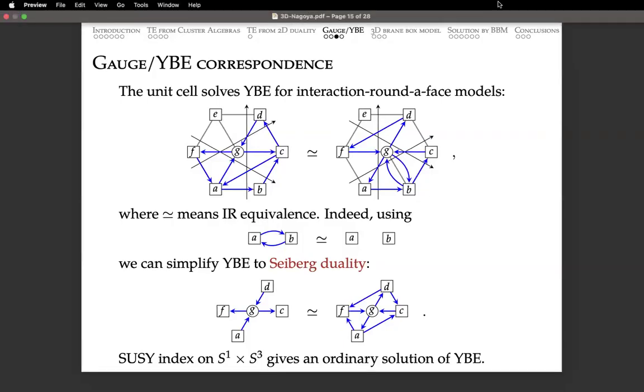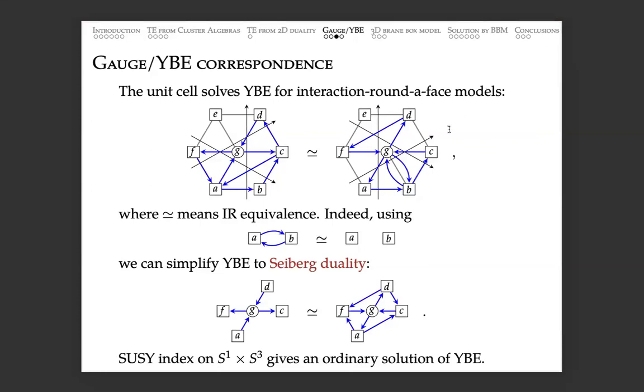Now, what's amazing is that these 2 theories actually are dual to each other. At low energies, they flow to the same fixed point. They exactly describe the same physics. To see that, you notice that here you have pairs of arrows going in the opposite direction between the same pair of gauge groups.